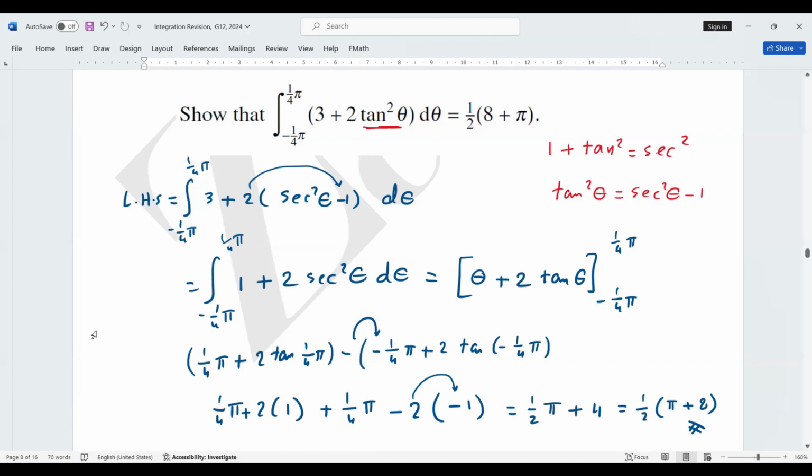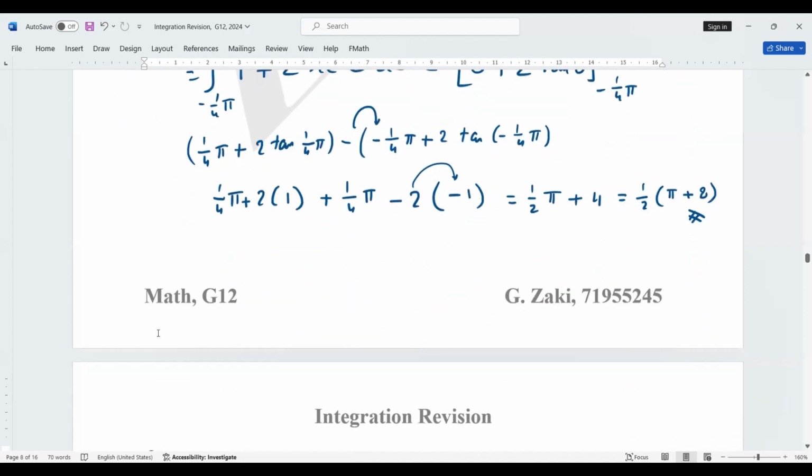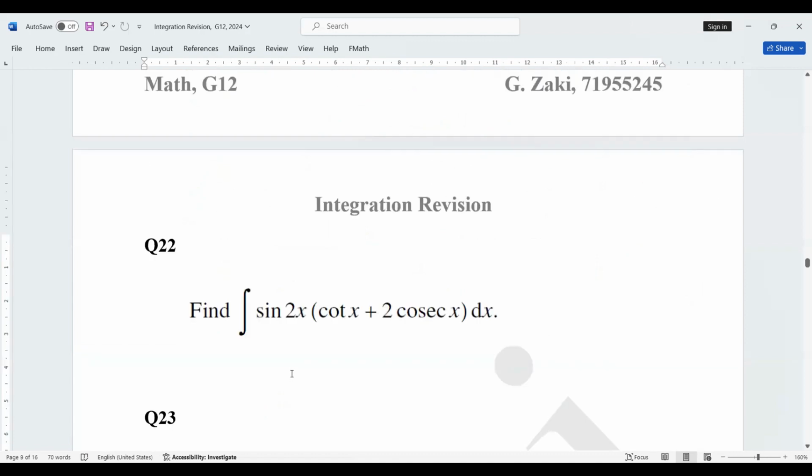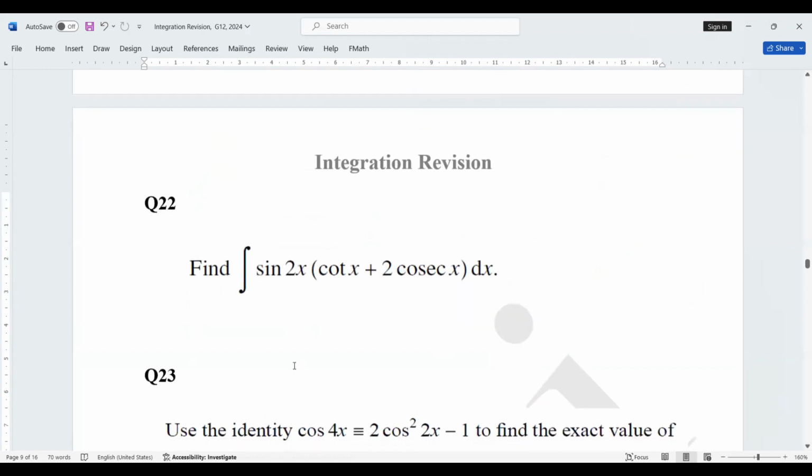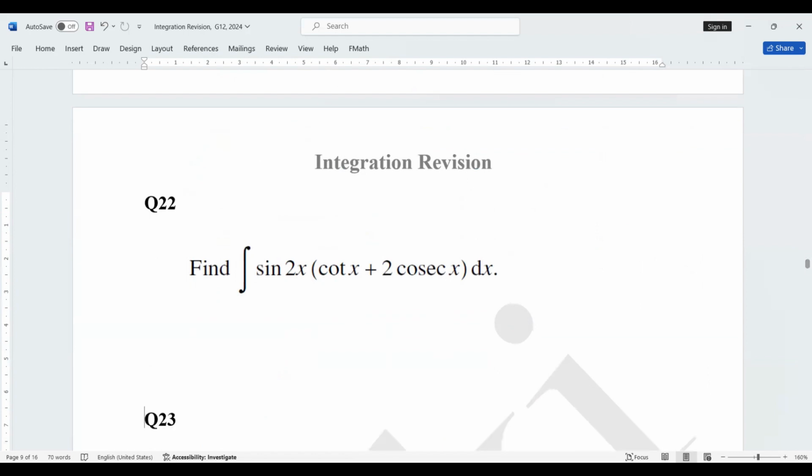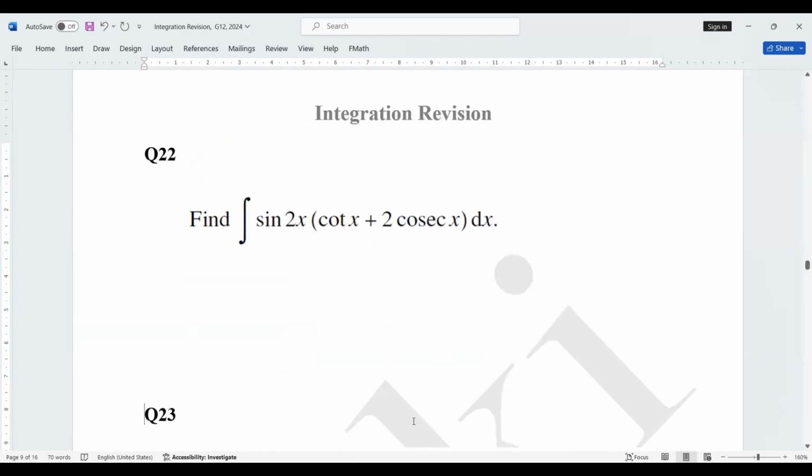Okay? Next question. Find the integral. Try to do this. We convert to cosine and sine. Try, and I will help you, but try first. When you finish, inform me, please.